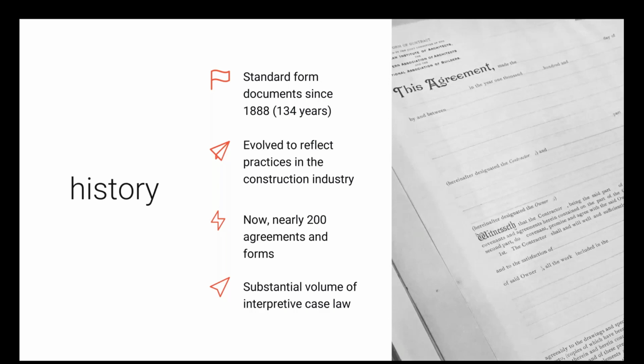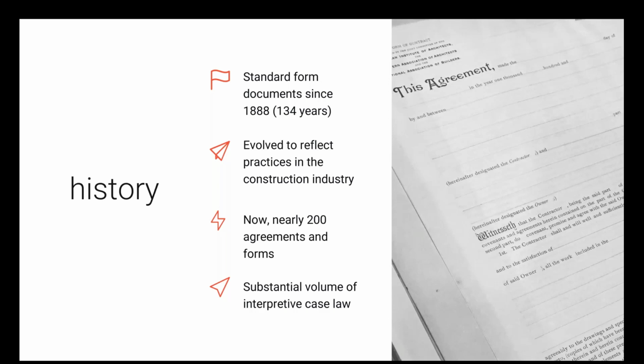And as the years have gone by and the documents have evolved, we believe that that practice has been maintained and that these documents do in fact reflect the common best practices in the construction industry.